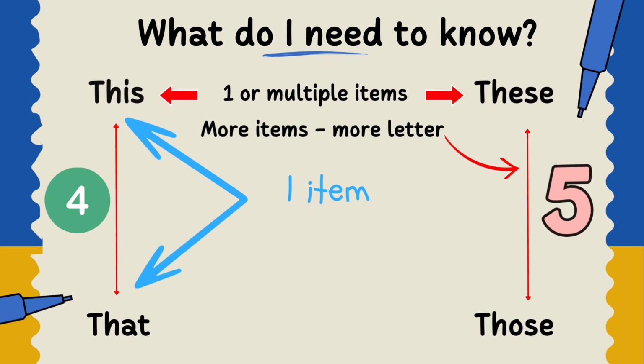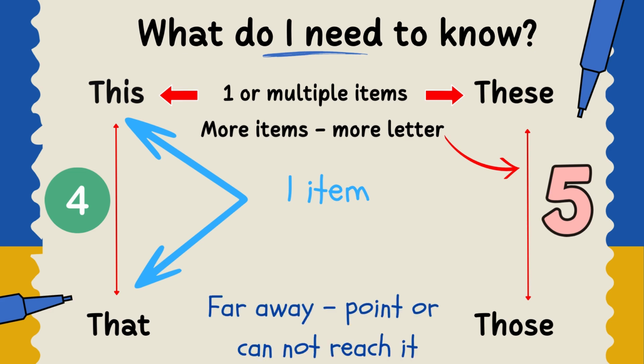We need to know if the item is close to us or far away. Now when I say close, I mean we can hold it or we can touch it. That's close. If we have to point at it or we can't reach it, then it's far away.